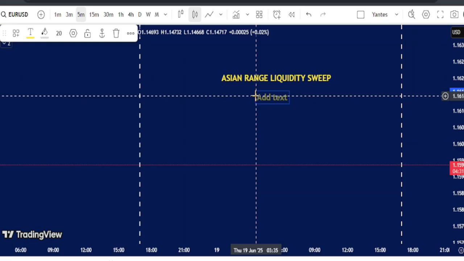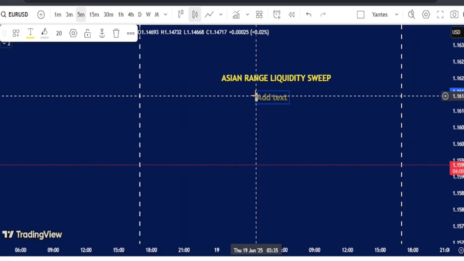If you're a beginner, for those struggling traders, we are going to show you a simple, repeatable strategy that we can always be using in our day trading. This strategy is known as the Asian range liquidity sweep.